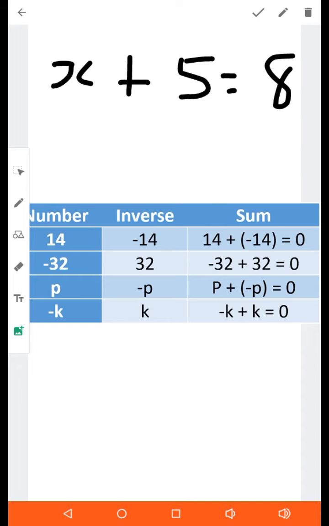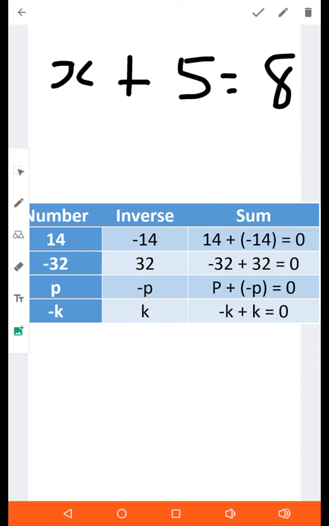Negative 32, the inverse will be 32, and when we add the two, it gives us 0. P, the inverse is negative p, and when we add the two, it gives us 0. Minus k, when we add the two, plus the inverse, which is k, gives us what? 0.